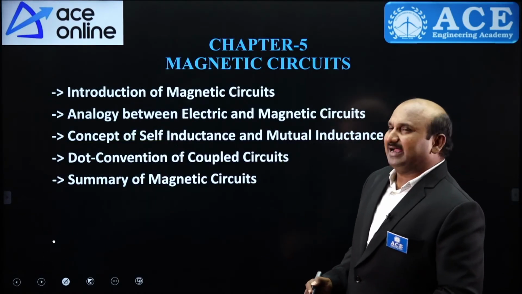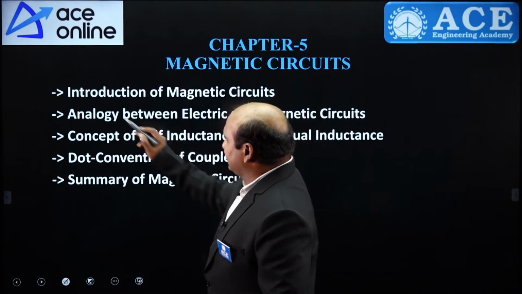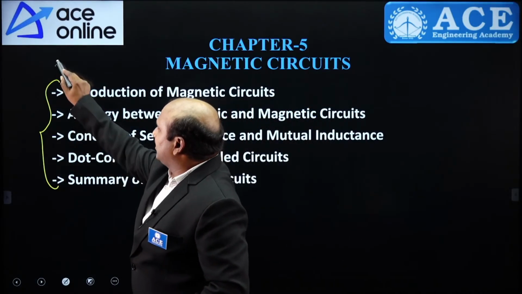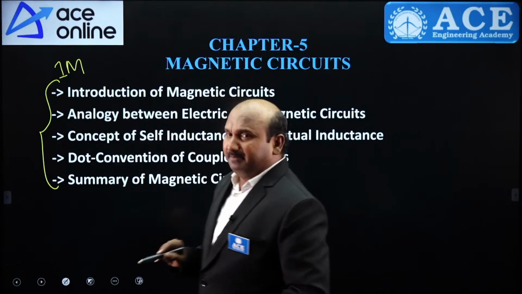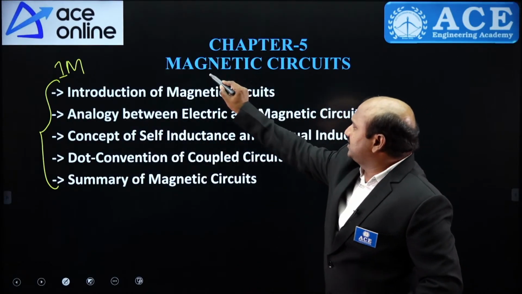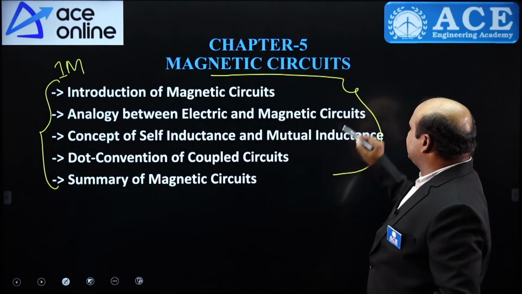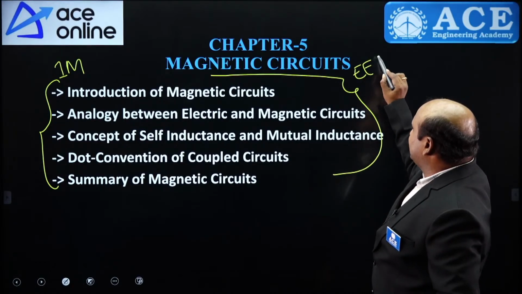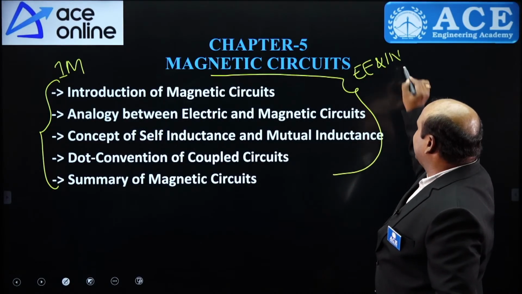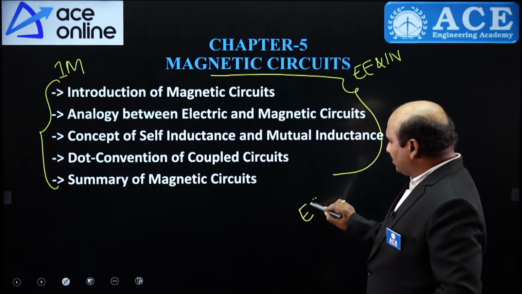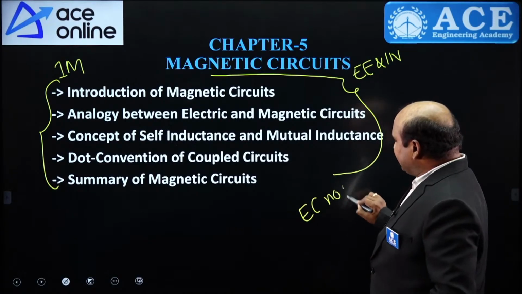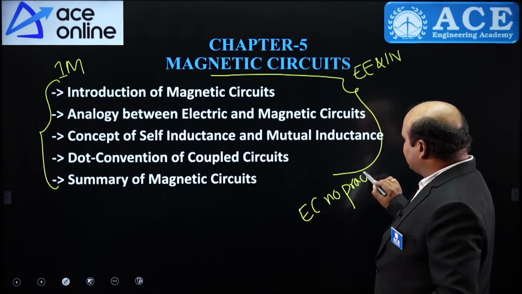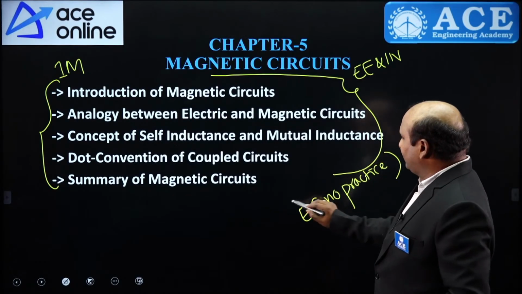Now, coming to the magnetic circuit, this is under AC circuit analysis, 1 mark you will get. Remember this one, this is very important. This topic is only for electricals, and instrumentation also sometimes. No practice is required for EC people.